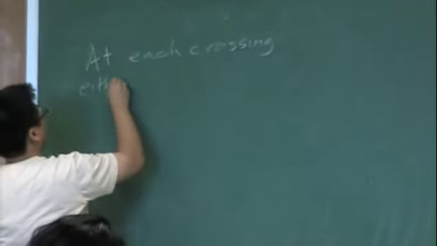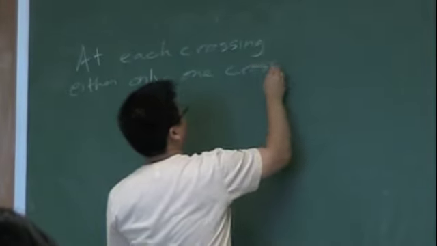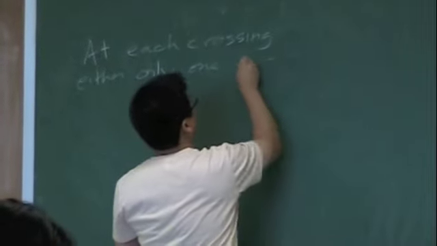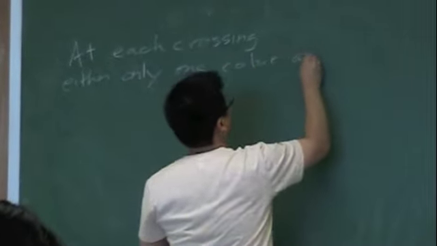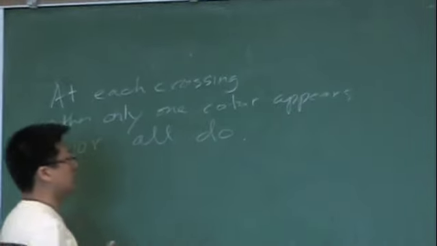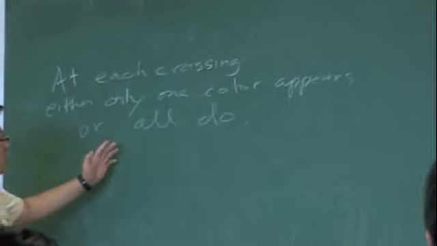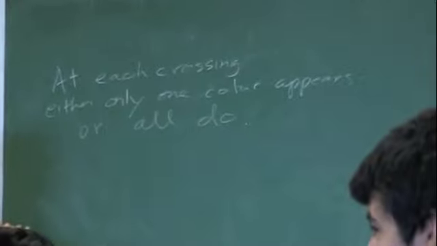At each crossing, either only one color appears, or all three do. Now the second is the kind of important condition that's harder to satisfy. Well, you can describe it in terms of those numbers 0, 1, and 2.